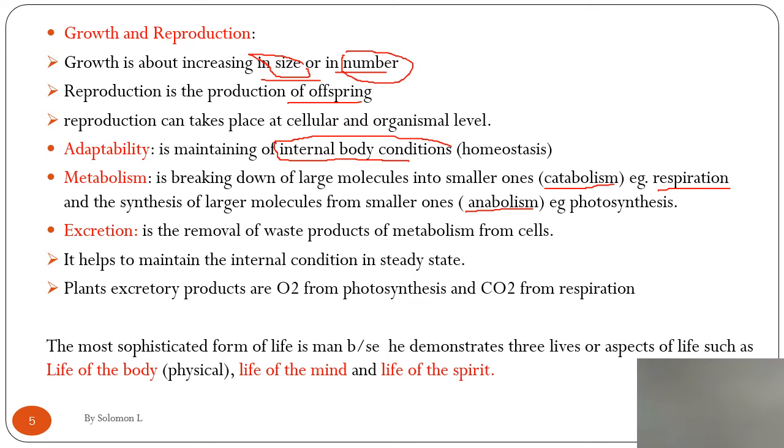In anabolism, smaller molecules come together to make large molecules. For example, photosynthesis. In photosynthesis, carbon dioxide plus water, in the presence of sunlight, give us carbohydrate.